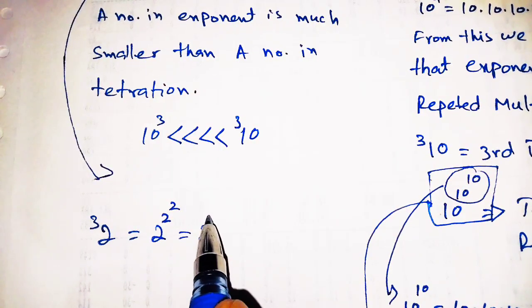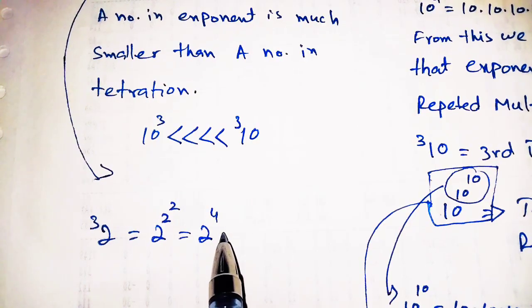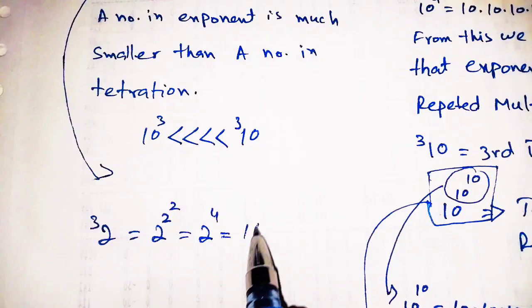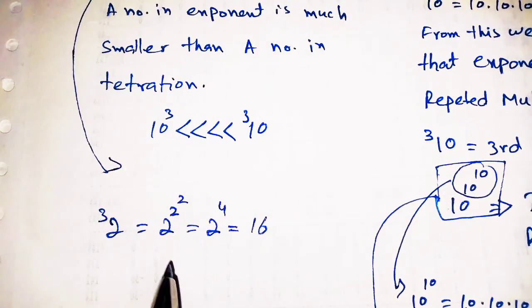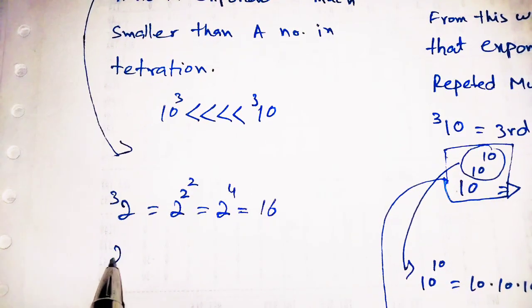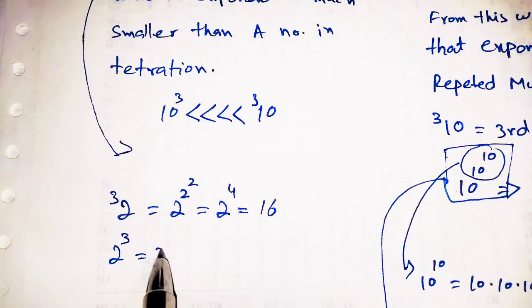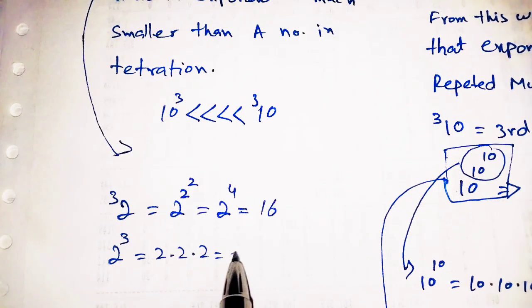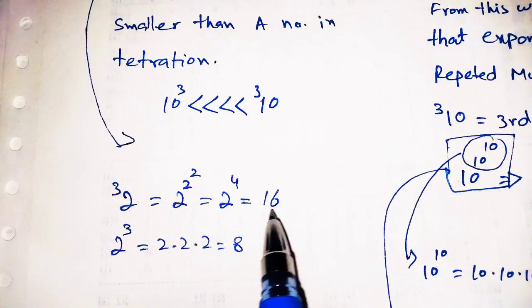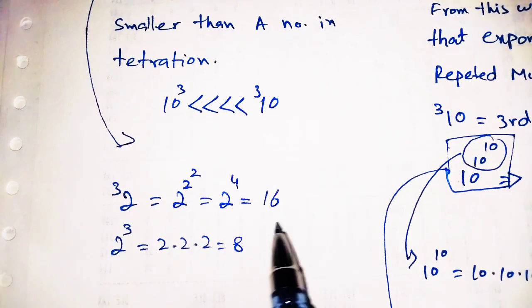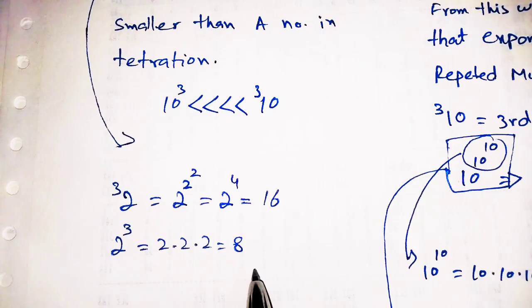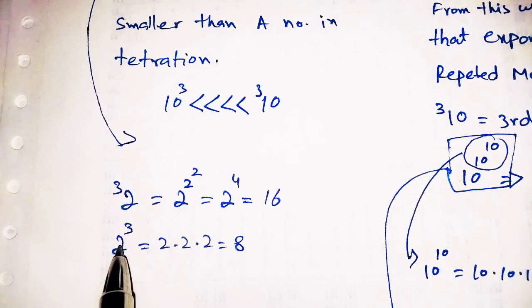So 2 raised to power 4 is equal to 16. This is the simple calculation. On the other hand, 2 raised to power 3 is equal to 2 times 2 times 2, which is equal to 8. And we can see that the third tetration of 2 is 16, which is double the exponent of 2.